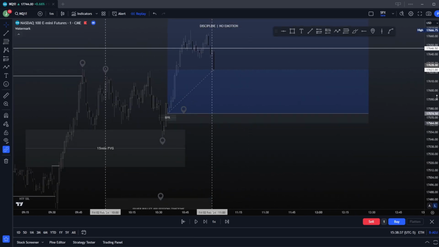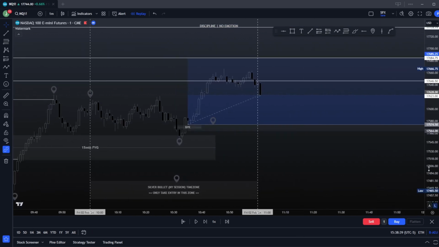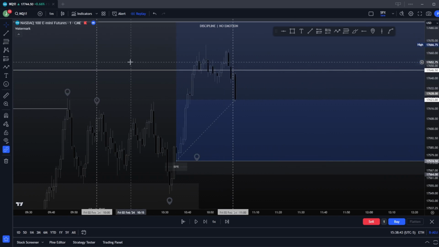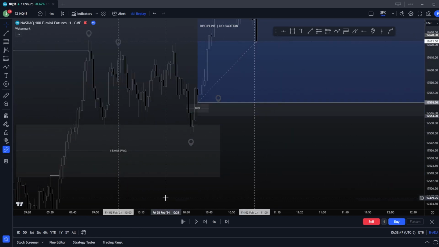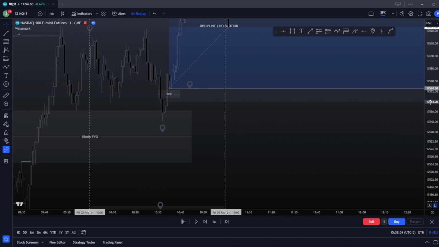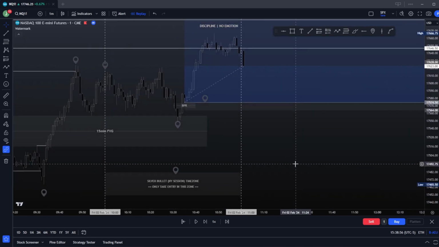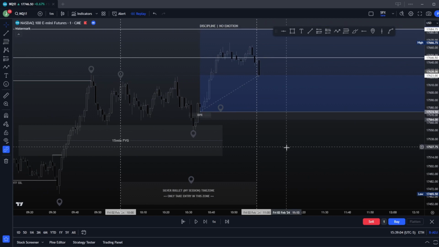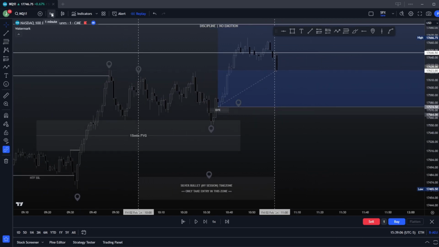All right. Well, here's the thing. This time zone is extremely critical. Extremely critical. And this is an expansionary move in the fact that, remember what I said.